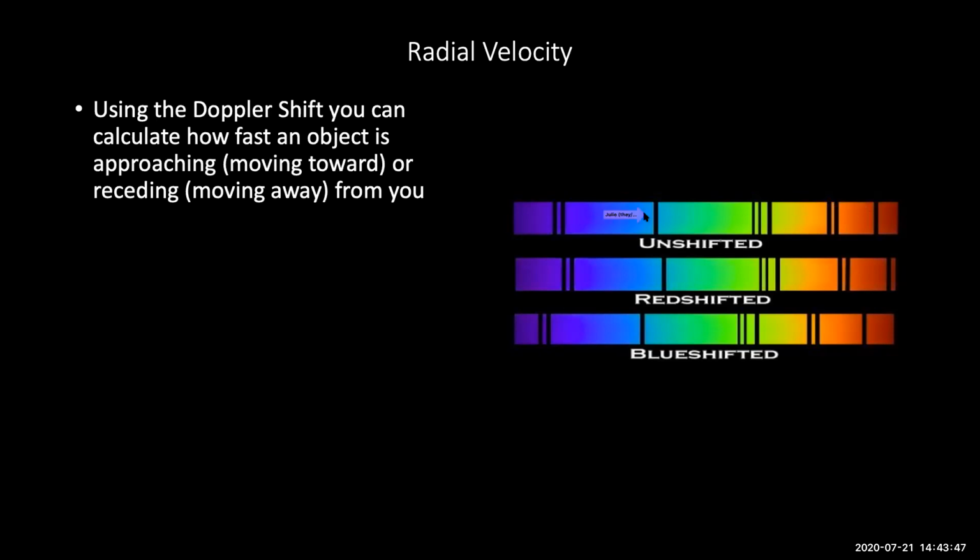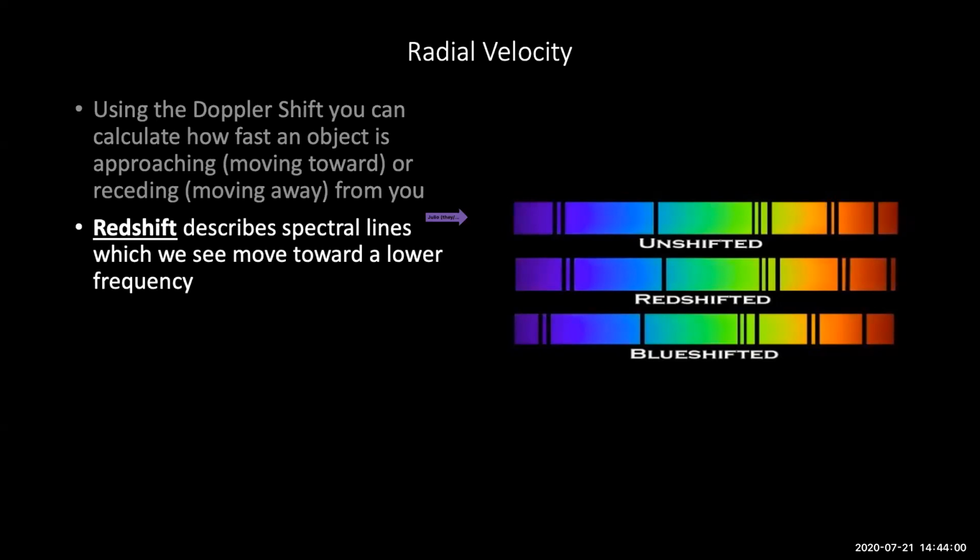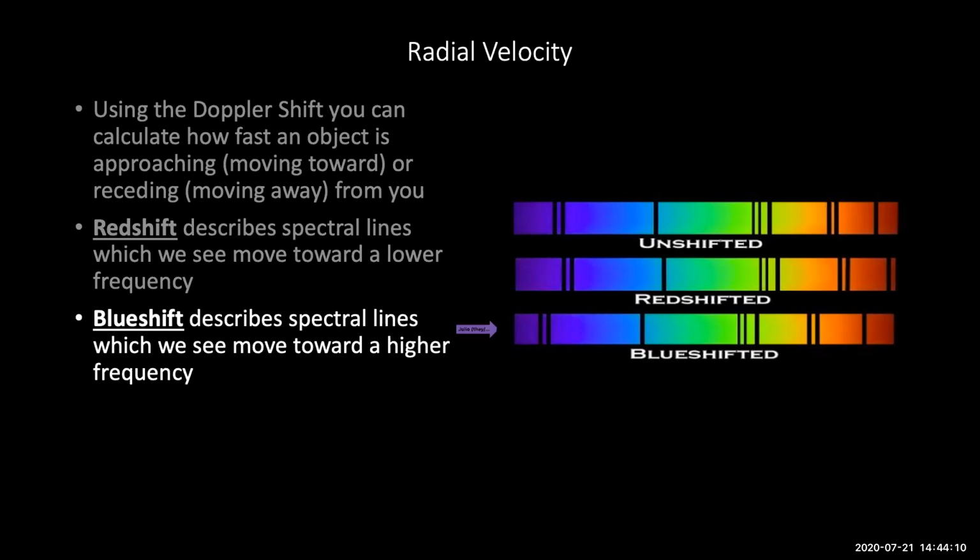So we have the red, we have the blue, and then those two lines in the violet region. So we have the unshifted spectrum. If an object is moving away from us, all of the lines get shifted to the right, towards the red. And if an object is moving towards us, all of the lines get shifted higher, toward the blue.